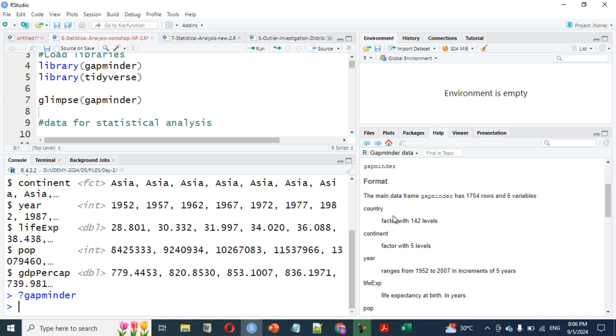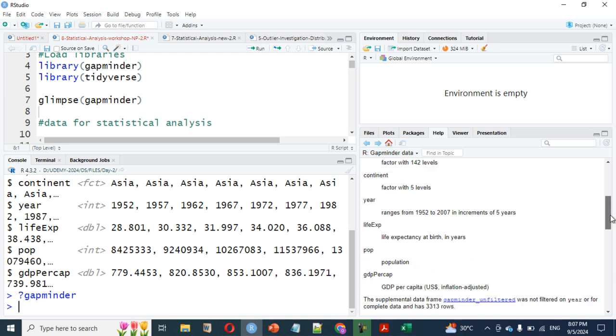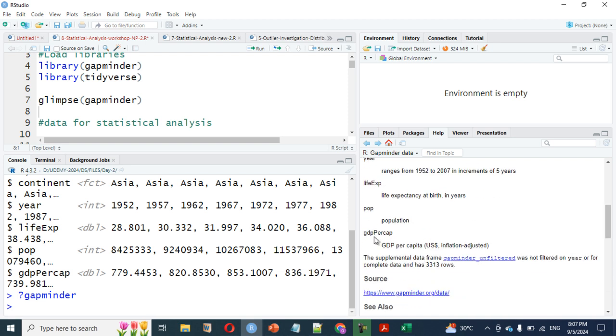defined here. We have country, a factor with 142 levels. We have continent, a factor with 5 levels. We have year, which ranges from 1952 to 2007 in increments of 5 years. So every 5 years, we measure the population and the income of the country, repeatedly. Then we have life expectancy at birth in years, population, and GDP per capita.